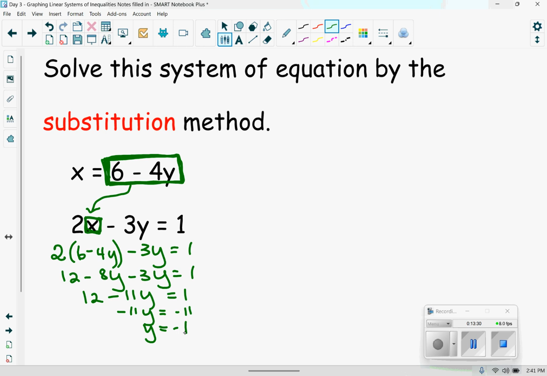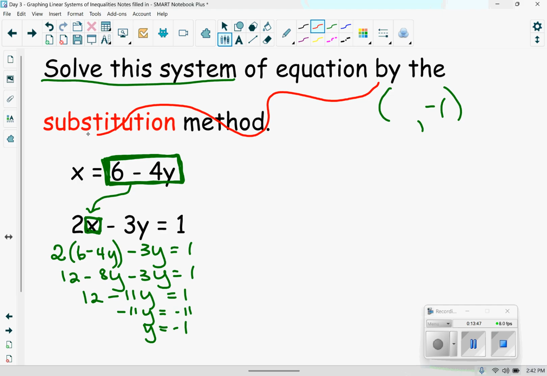Now remember, when I'm solving a system, the answer is an ordered pair. It's just one point where two lines intersect. So I've got the y of my problem, but now I need to figure out what my x is. What you do is you run back to the sub. Sub, what's my y?